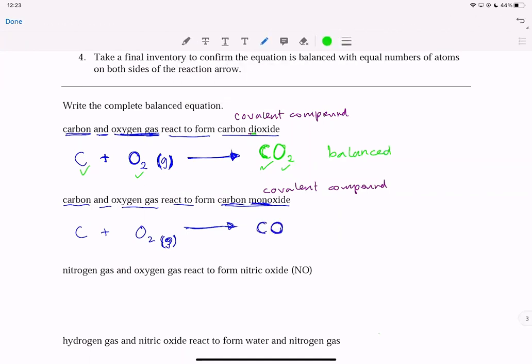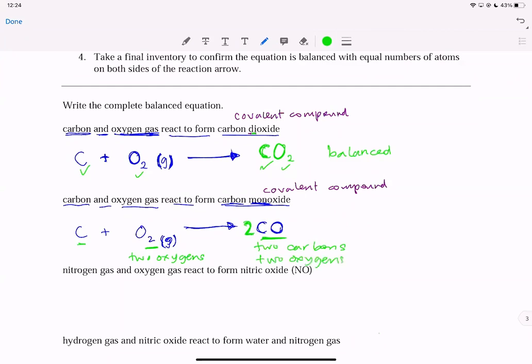Now this time there is one carbon on both sides, but there's two oxygens on this side. So in order to balance this, I need to take the side that has only one oxygen and put a 2 coefficient. So now I've got 2 carbons on this side because that 2 multiplies into this whole compound, and there are also 2 oxygens.